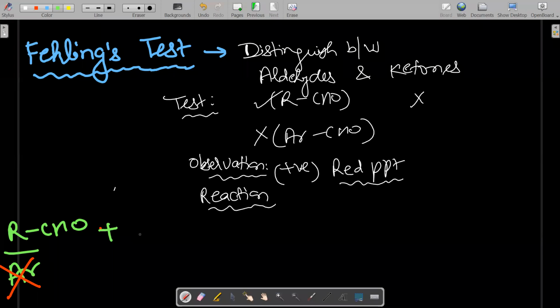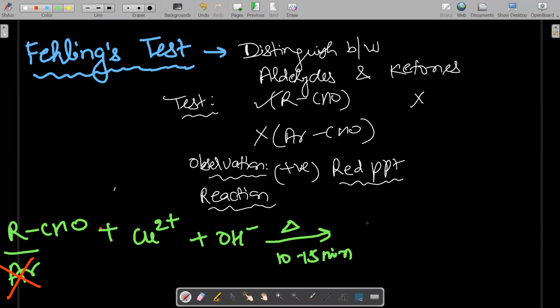plus Fehling's reagent. I'm first writing the equation in the form of ions. Fehling's reagent, that is copper 2 plus, with a small amount of basic medium, that is a small amount of NaOH, and then heat in a water bath for 10 to 15 minutes.